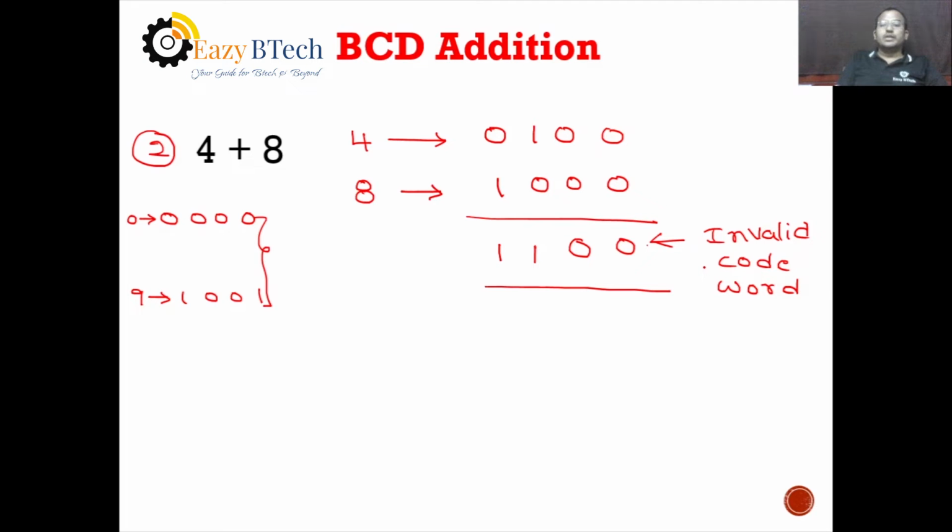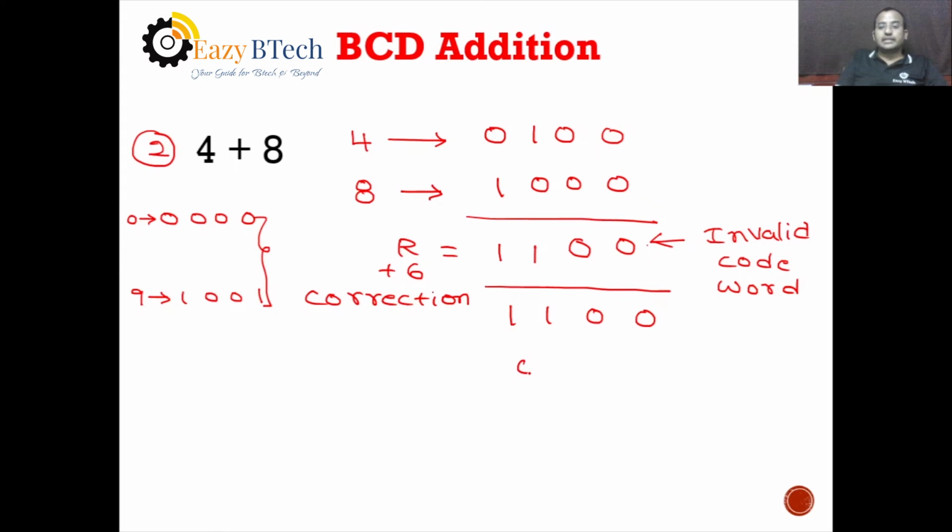Whenever we get an invalid code word, we have to go for correction, and we have to add 6. So to the result we got here, we have to add 6.